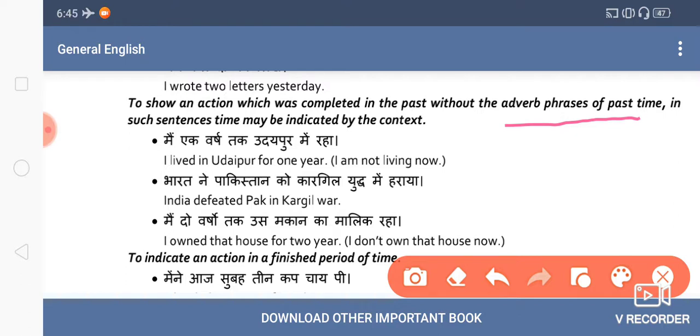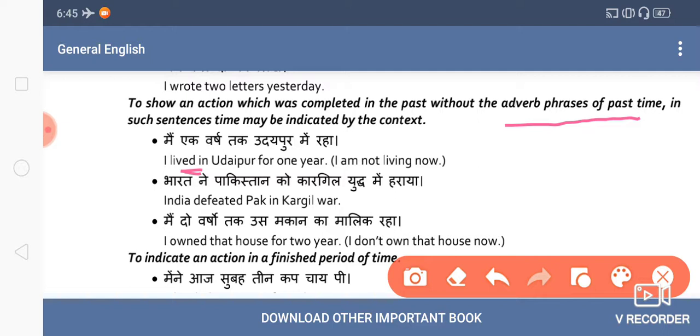That is indicated by some other context. Like I say, I lived in Udaipur for 1 year. So "lived" is the past form of the verb, the second form. Seeing this verb form, you can easily identify that this sentence is in indefinite tense.